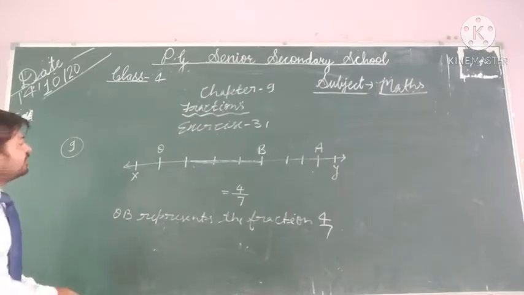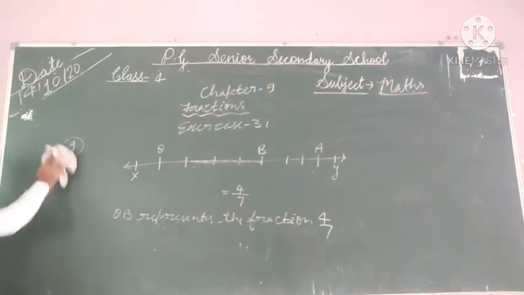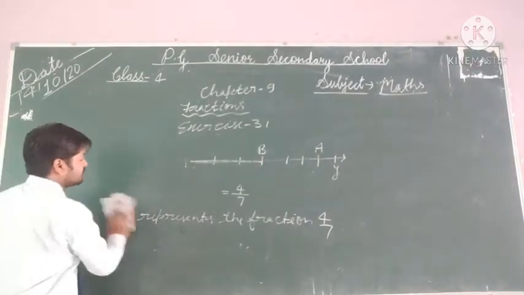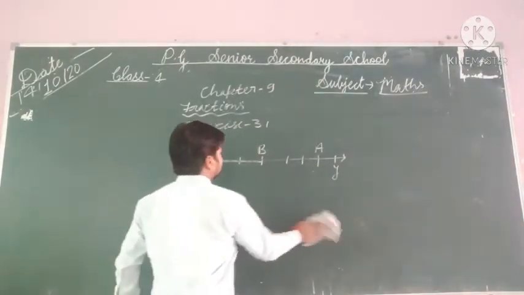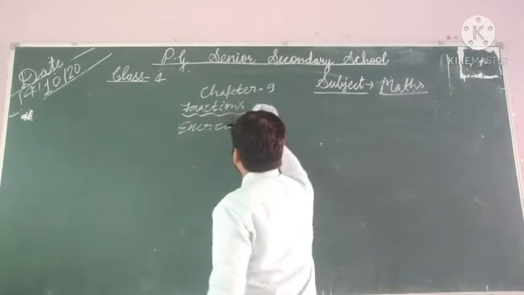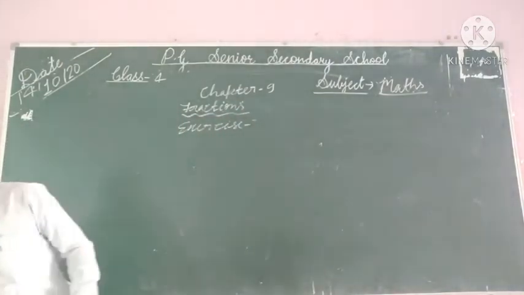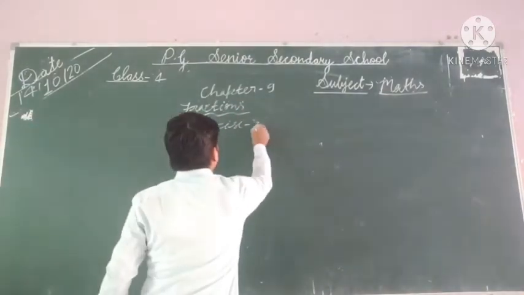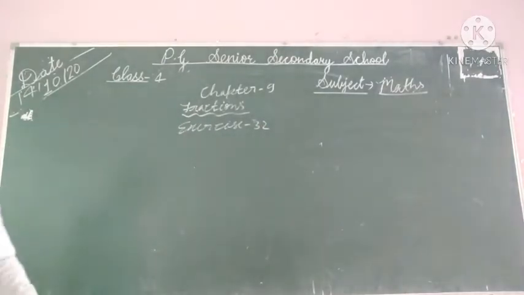Now I am going to tell you exercise 32. Write the next 4 equivalent fractions.